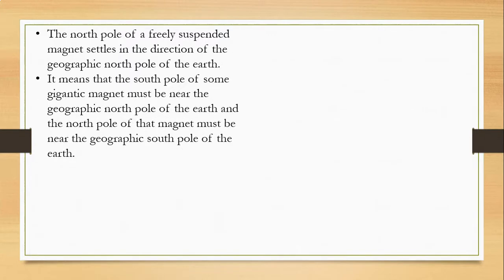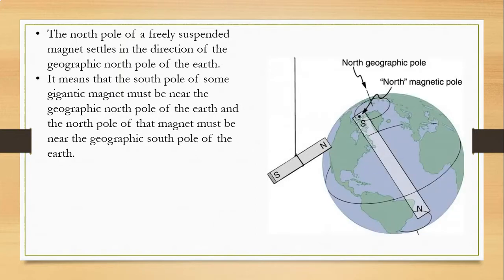It means that the south pole of some gigantic magnet must be near the geographic north pole of the earth, and the north pole of that magnet must be near the geographic south pole of the earth. Now, please pay attention, this is of utmost importance.